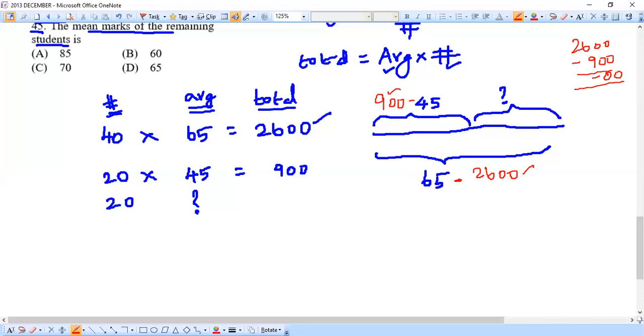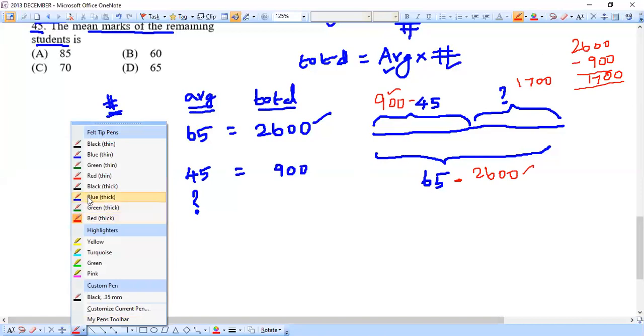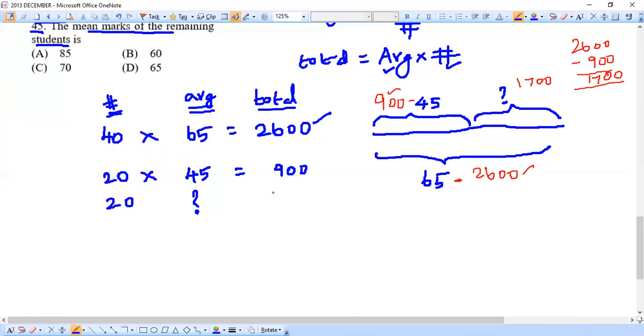We get 1,700. So for the remaining 20 students, the total has to be 1,700.